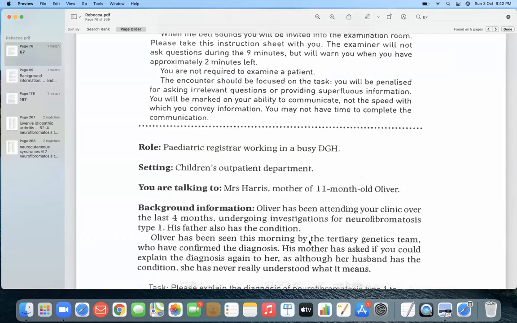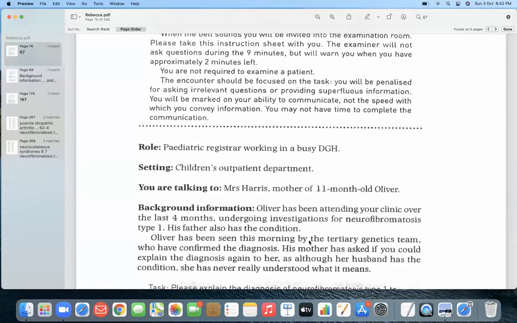He came to the outpatient department for examination for some other condition like URTI or something. But accidentally some features of neurofibromatosis were seen, like cafe-au-lait spots, some axillary freckling like this.